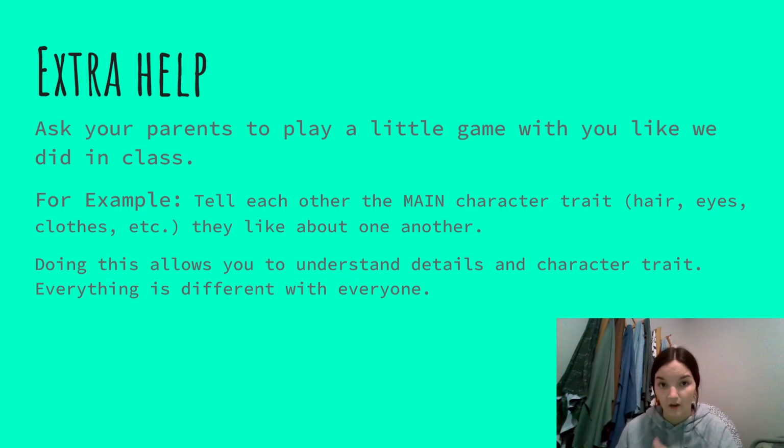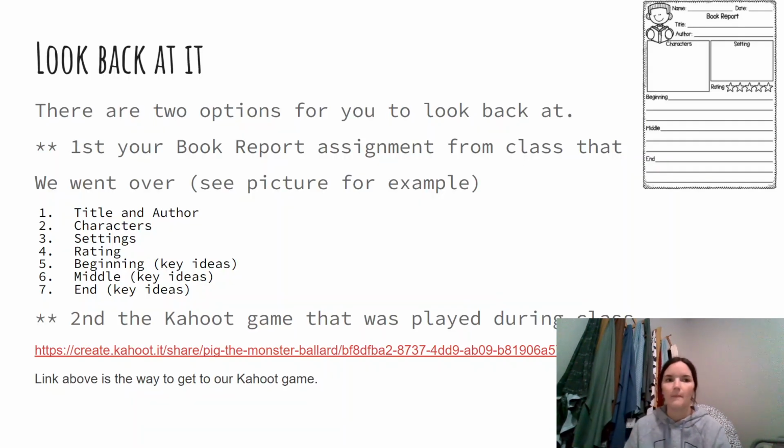Don't overthink it, okay? And then there's always going to be stuff that you can look back at. And there's two options. So, first, you can get out your book report assignment. I put it in your folders today, and you're going to go over that. There's a picture of it just in case you don't remember what it looks like.